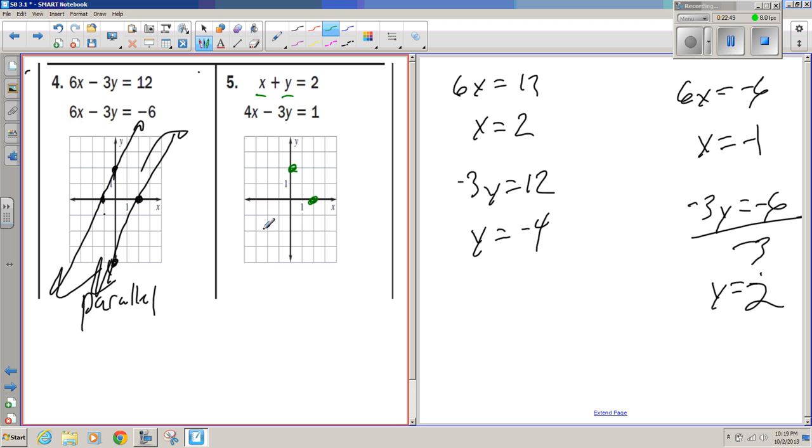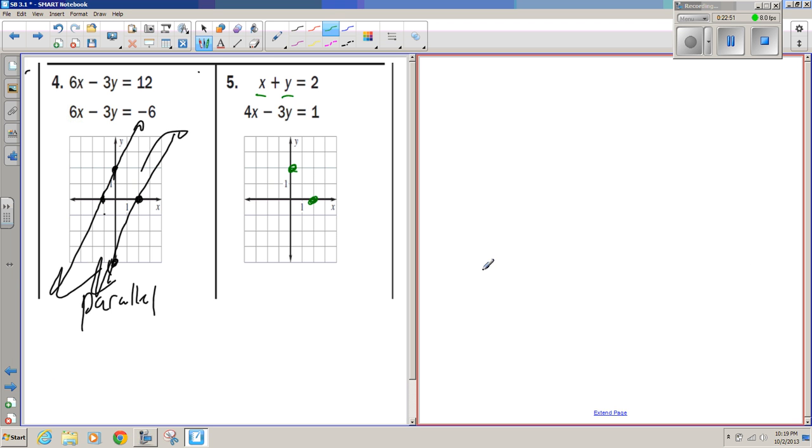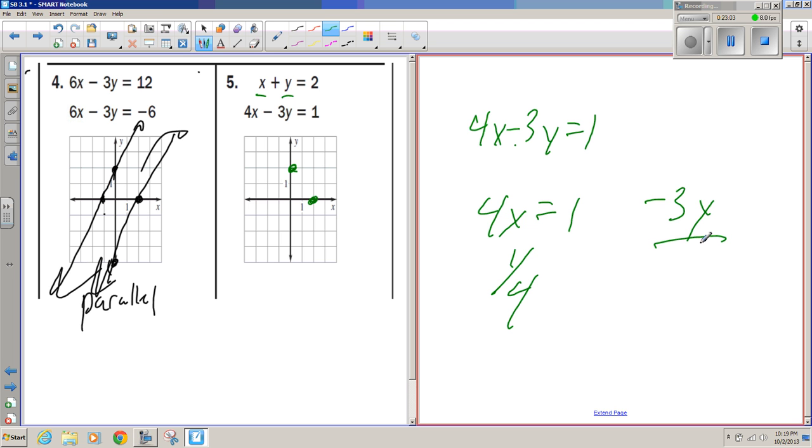The x-intercept: get rid of the y, and 4x equals 1, which is 1/4. And then negative 3y equals 1, which is negative 3 over negative 3, which is negative 1.